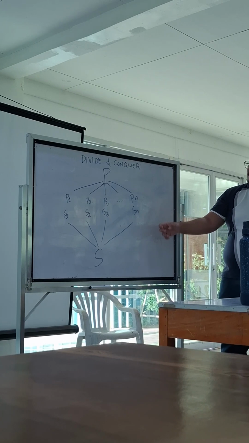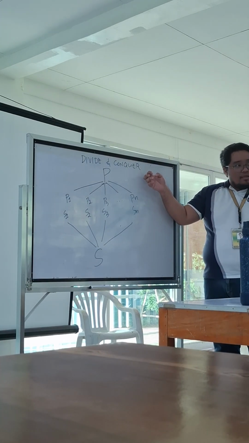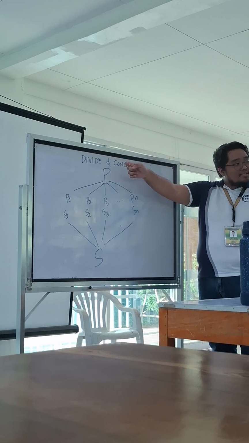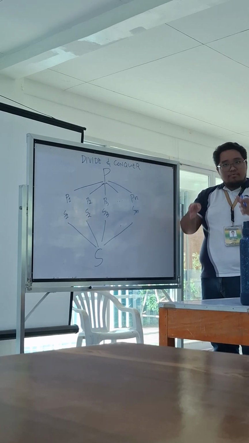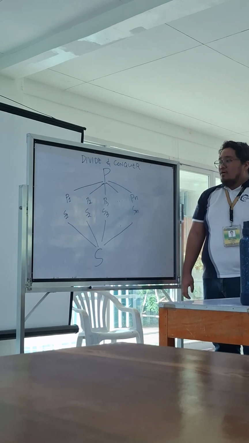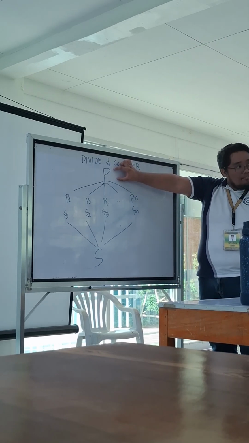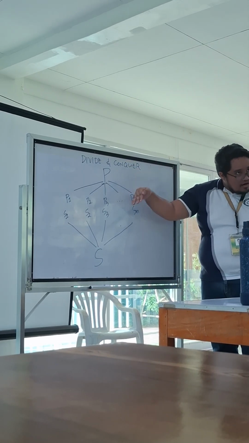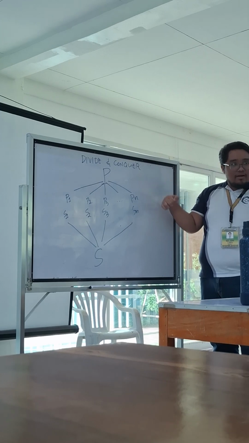Now, we can only use this algorithm if the main problem is divisible into smaller ones. Okay? It's not possible if the main problem and its sub-problems are different from one another.